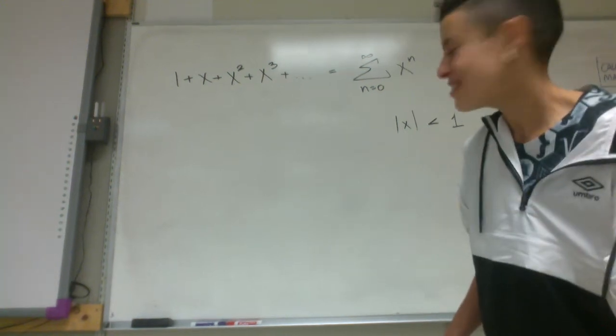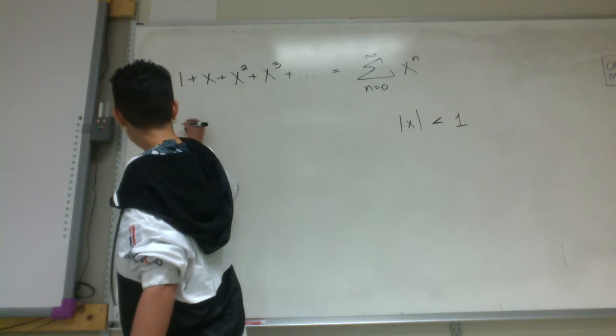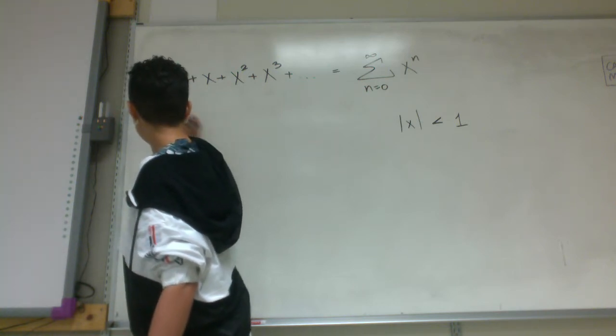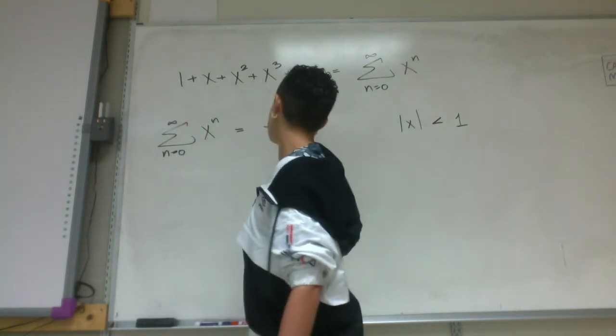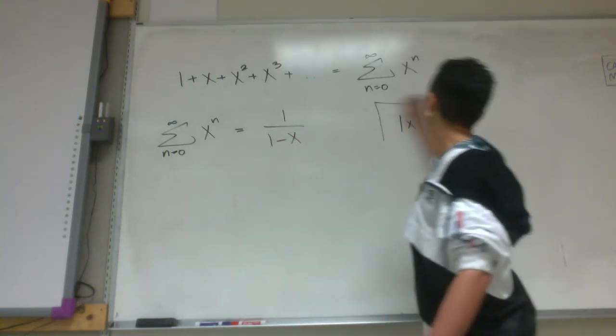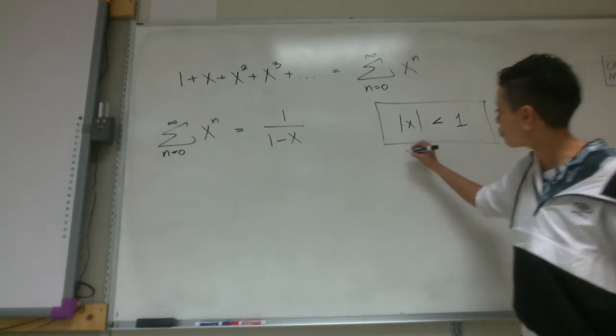All right, you're back. So we have right now an infinite series that is going to be equal to 1 over 1 minus x, but only for the case where the absolute value of x is less than 1.